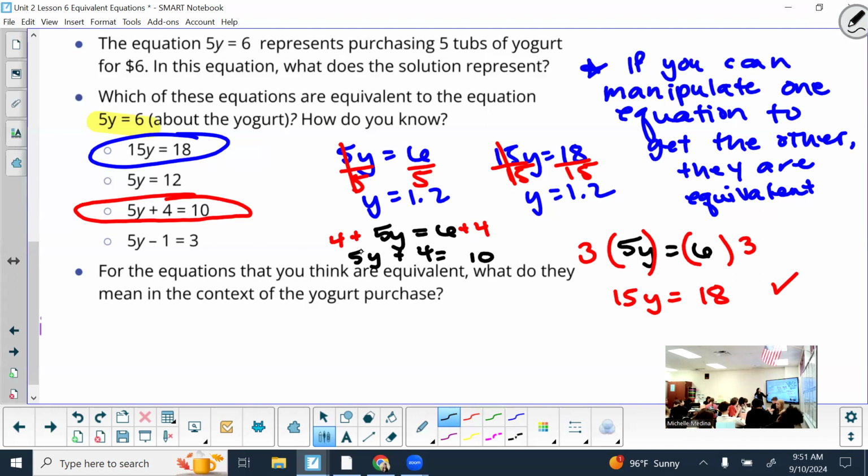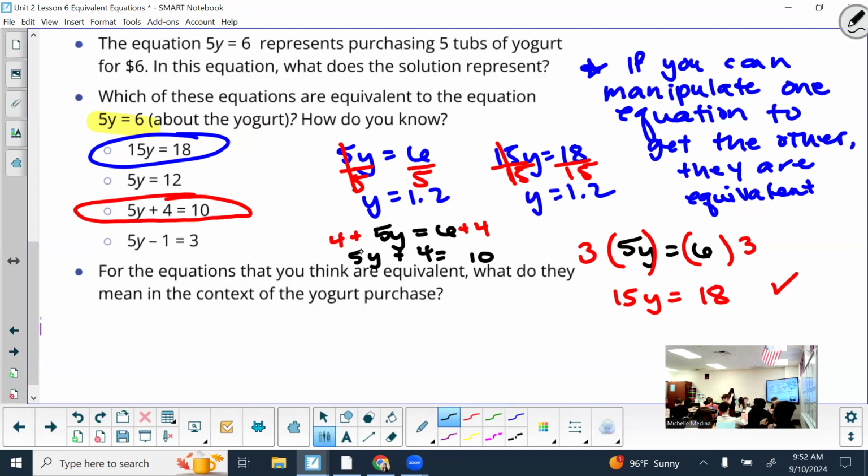Over here, what could I do to the left side to make it 5y minus 1? Subtract 1. Did I subtract 1 on the right side? So then not equal. It's only equal if you do the same thing on the other side. Good? Or you could solve and you could see that they don't give you the same part. Okay, great. I think that's all I wanted to do on the 2.06.